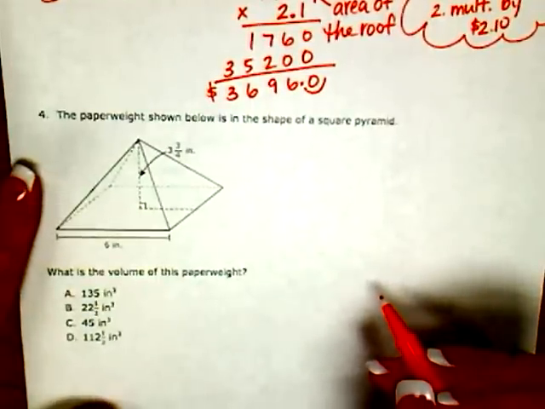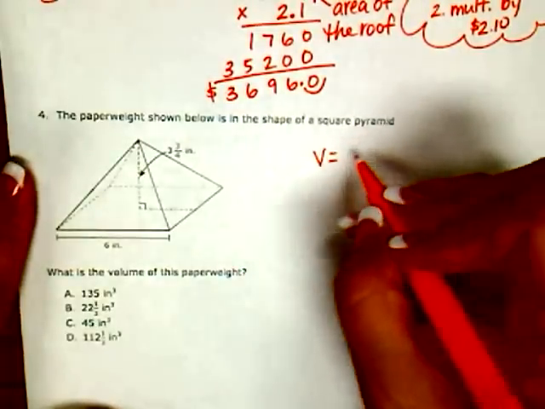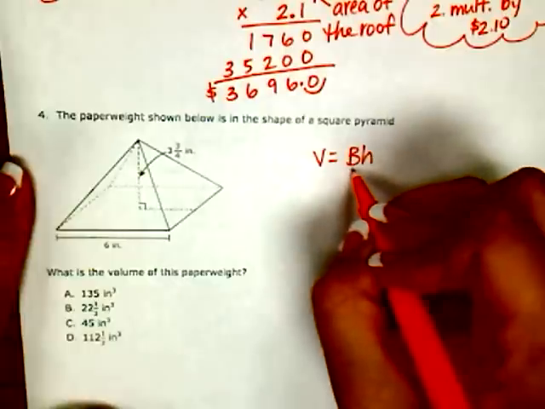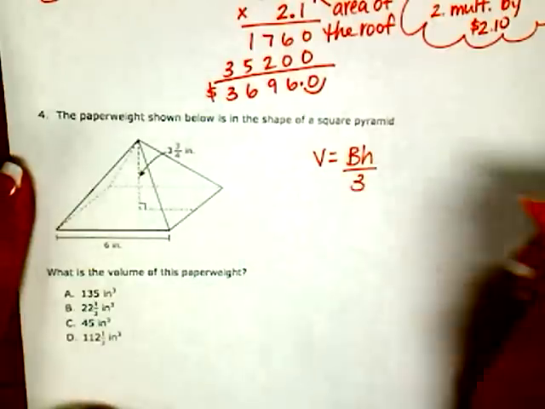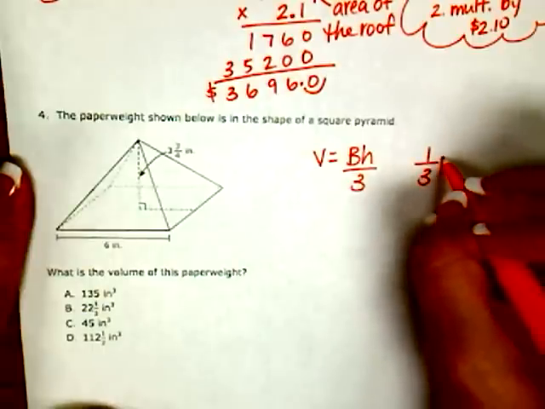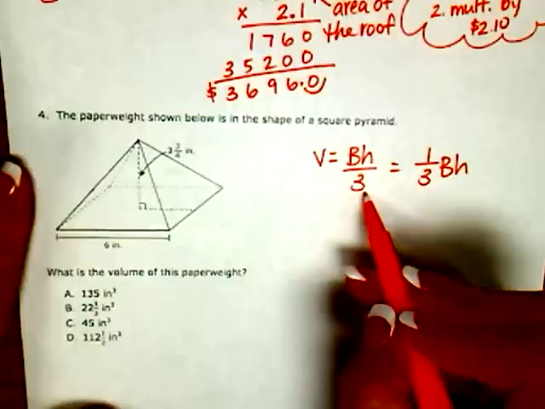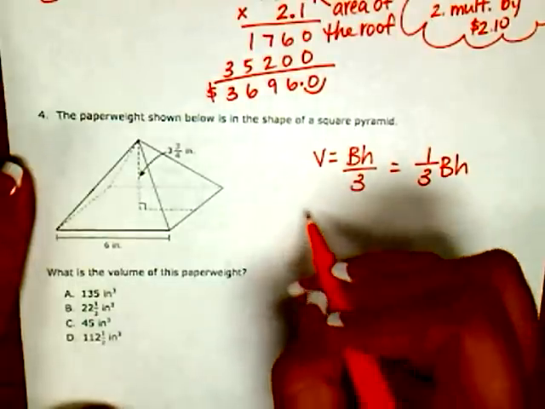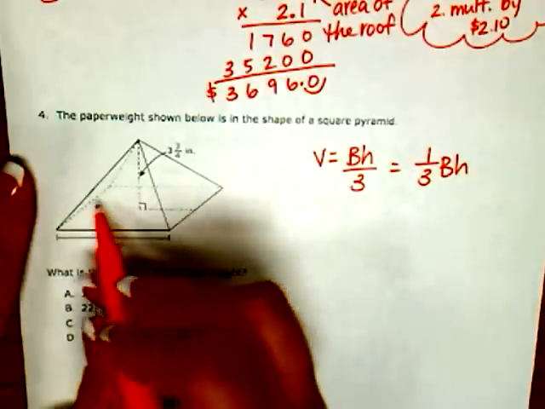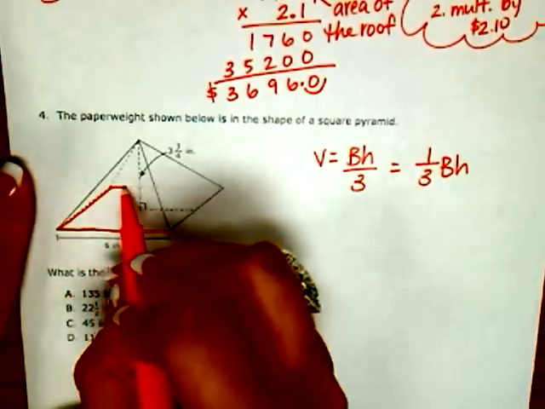Okay, so I need to look at my formula chart, and my formula chart says that volume of a square pyramid is equal to area of the base times height divided by 3, or actually, some of you may see it as 1/3 area of the base times height. I prefer to use this one, so I'm going to be doing that. So I need to find the area of this base, and this base is a square.